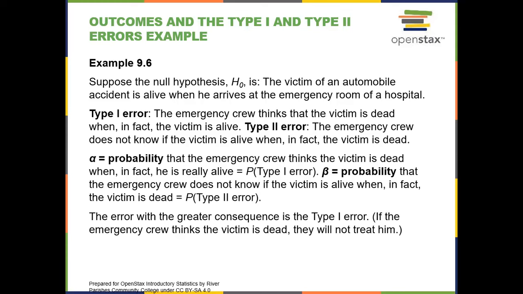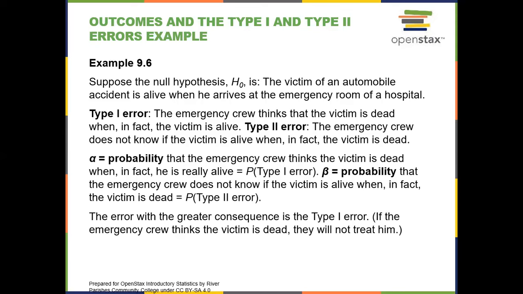What is type 2 error? Failing to reject H0 when H0 is false. The victim is not alive, but the emergency crew thinks that he or she is still alive. The emergency crew does not know the victim is dead when in fact the victim is dead. Alpha is the probability that the emergency crew thinks the victim is dead when in fact he is really alive. That is the probability of type 1 error.